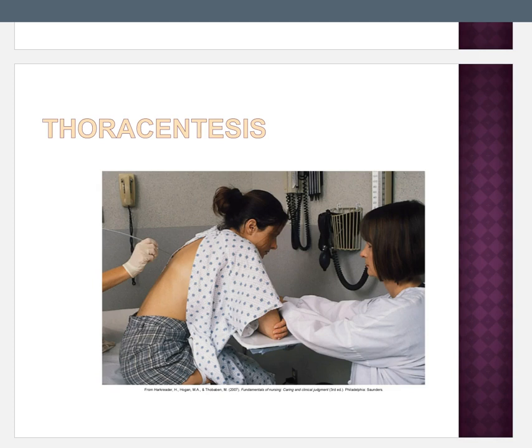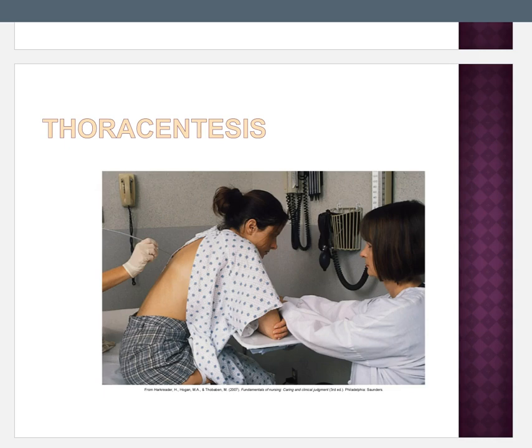It feels like snap, crackle, pop, popcorn, or Rice Krispies underneath, and that is what we call sub-Q emphysema. All right. Think about tension pneumothorax. We talked about that the other day, and so those are the things you're going to watch out for.